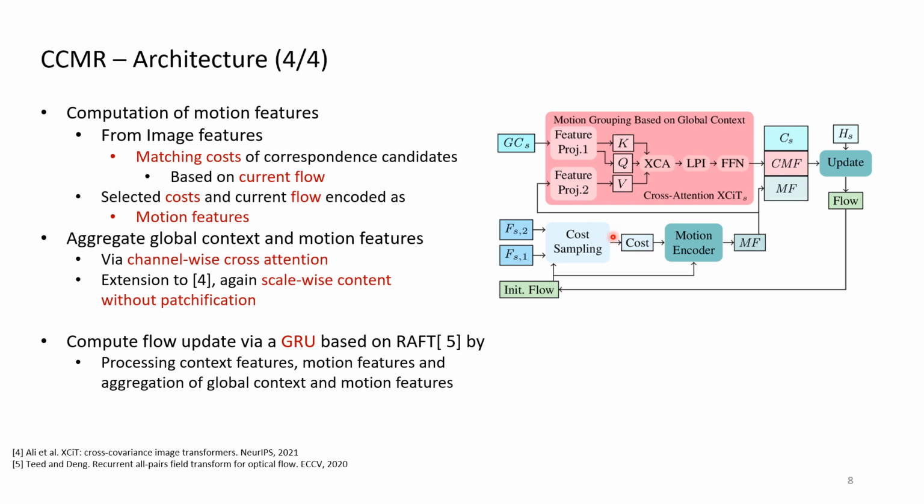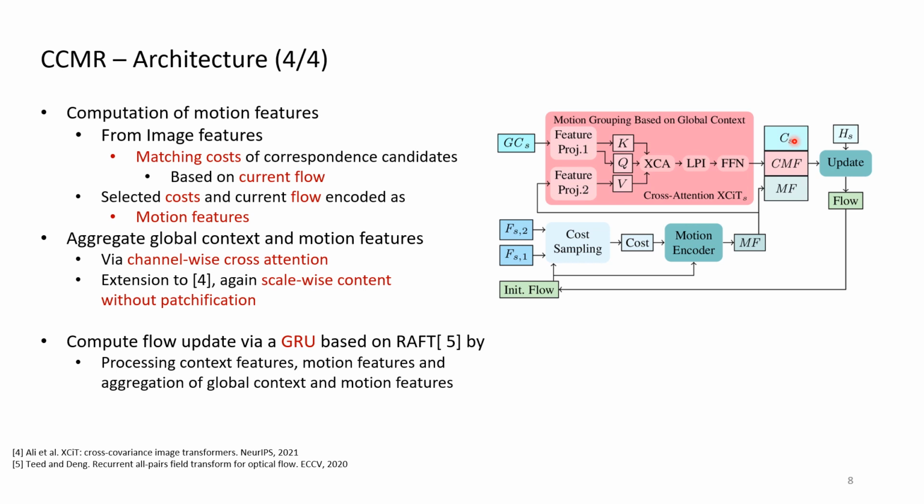These costs and the current flow are then encoded via a motion encoder module. We get the motion features and use them as one of the inputs of our update block. This update block has a cell in it, and it iteratively updates the flow. Another input of this update block is actually the context that we just talked about in the previous slide.